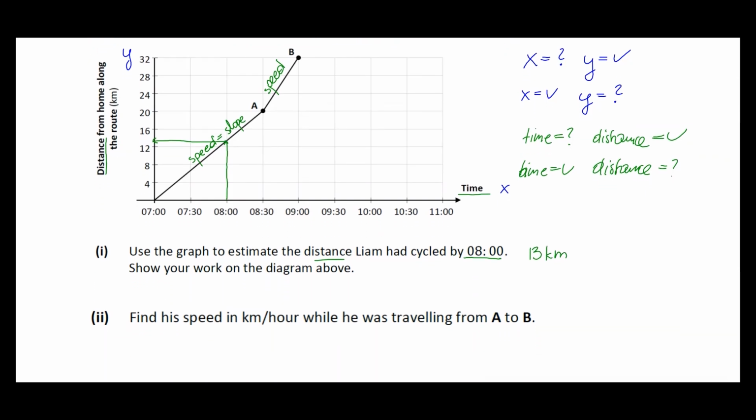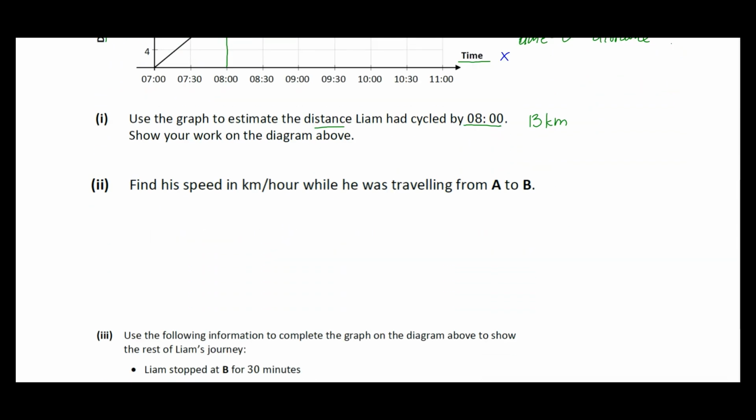Okay, what's the other thing we need to do? Find his speed in kilometers per hour while he was traveling from A to B. So we are talking about this speed. When we are talking about distance, speed, and time, there is a formula that we are familiar with from Junior Cert.